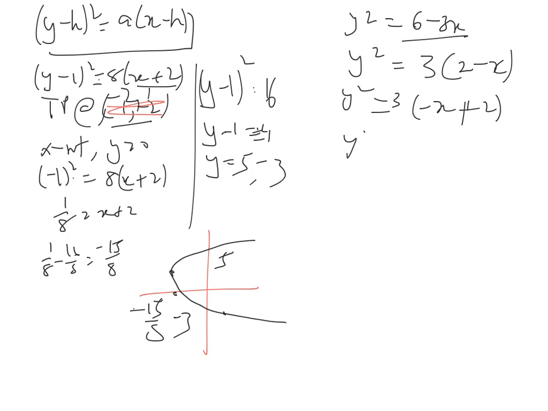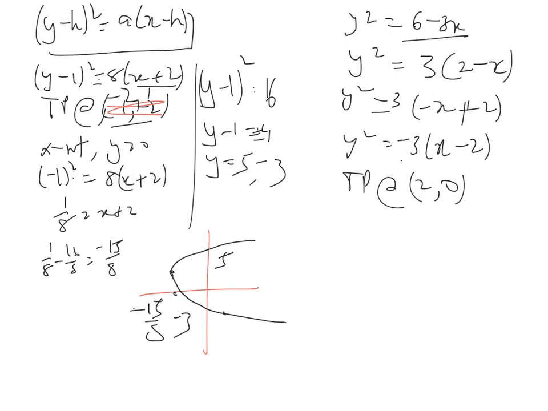Ends up being y squared equals -3(x minus 2). So now we have a turning point at 2 and 0.